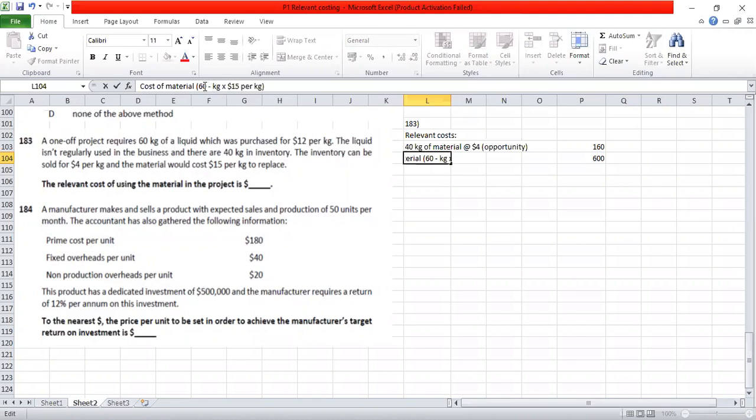Out of that, 40 is already present. So additional material which they have to purchase is 20. So we have this as 20 into 15.